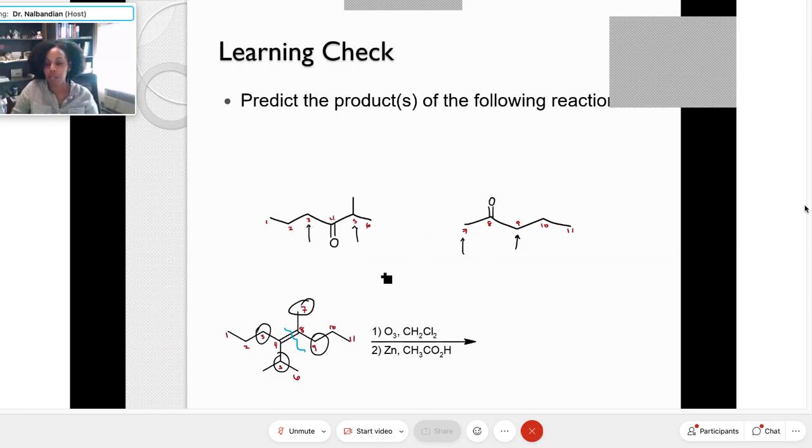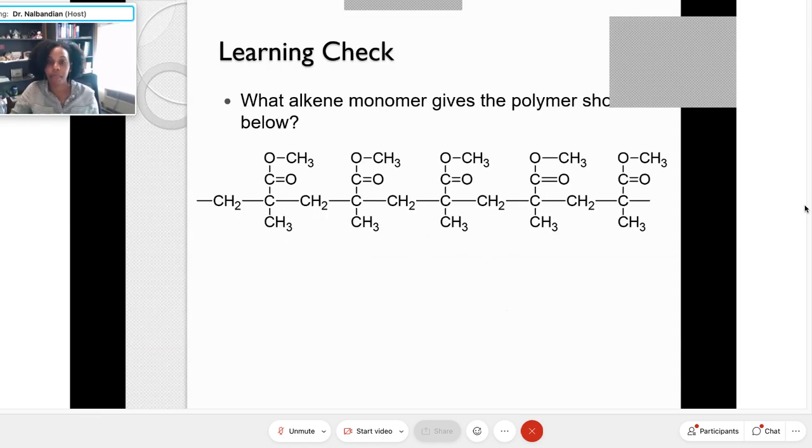They're both ketones. Questions on any of these? All right, so again, no mechanism for this, just draw the product. So number everything and keep track of what should be bonded to what.